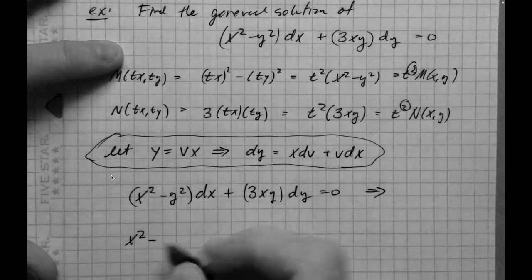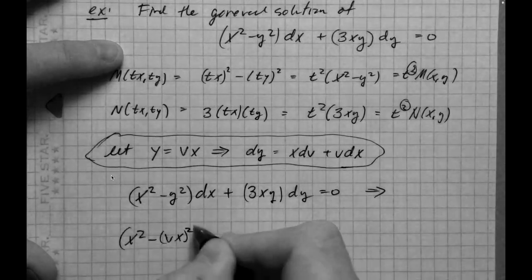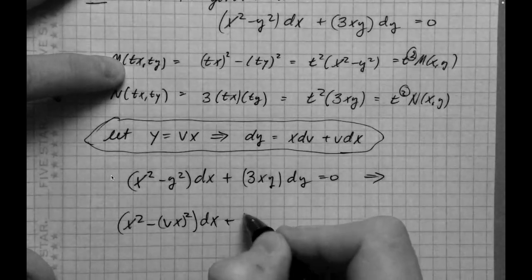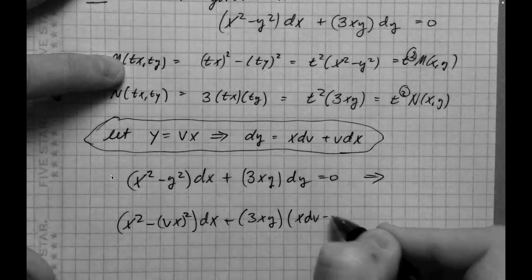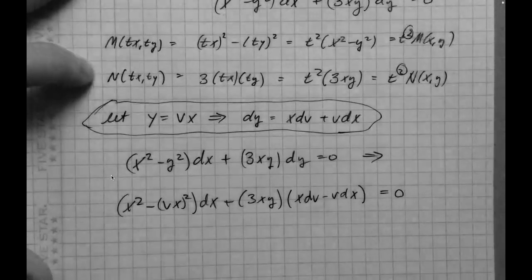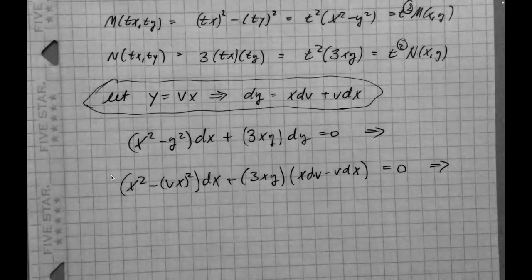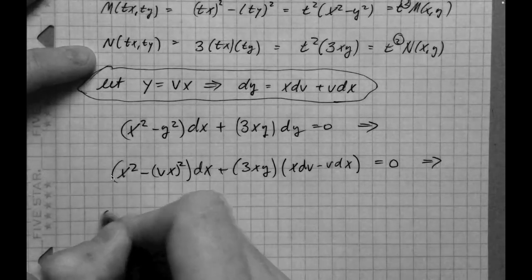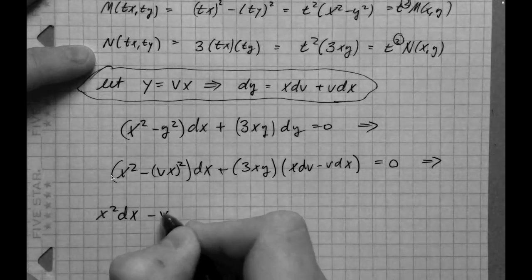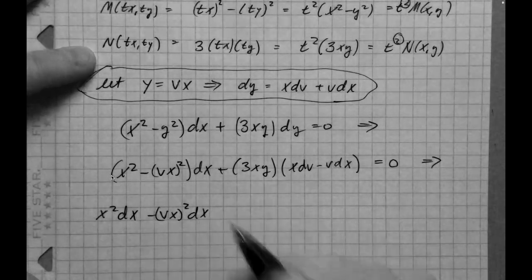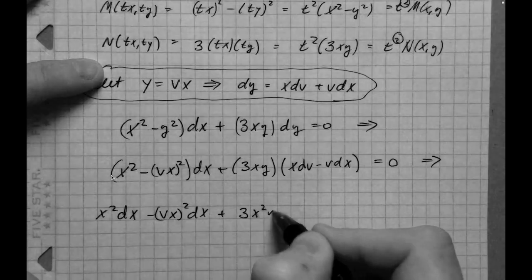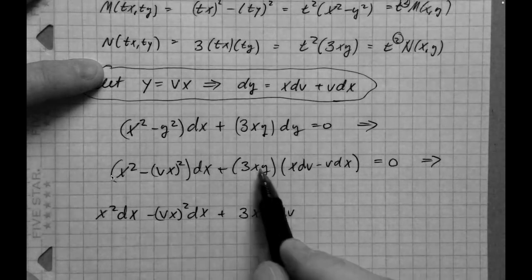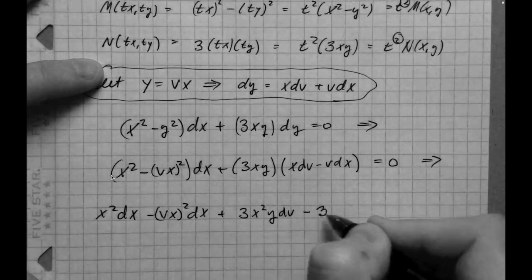So we have x squared minus vx squared dx plus 3xy times dy, which in this case is going to change to x dv minus v dx, and that's equal to 0. Okay, so now we just expand everything.